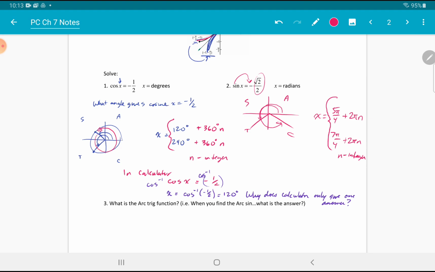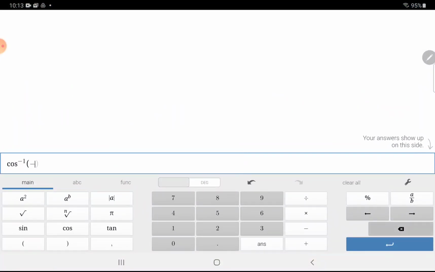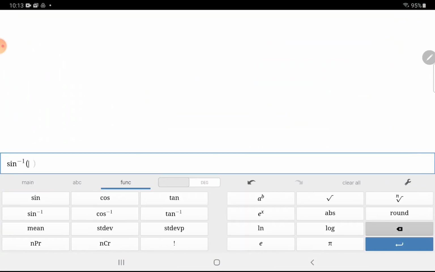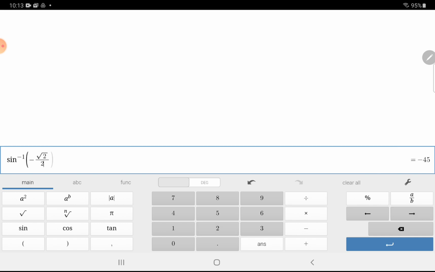Again, if we try this in the calculator, let's go ahead and do that. We're going to do sine inverse of negative root 2 over 2. There we go. And we get negative 45. Oh, that's in degrees, but if we want radians, there it is, negative 0.785.